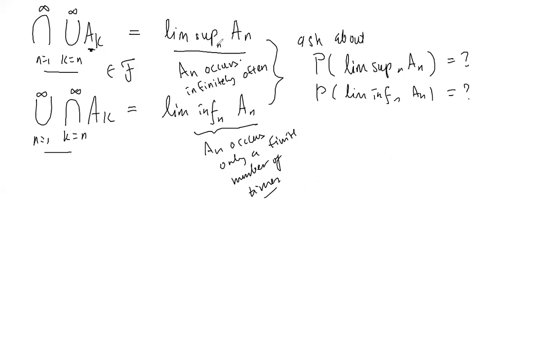At least if you want some kind of exact enumeration of it, whether you can write it down will depend on what your Ak is. But anyway, at this moment we just look at them as a set that belongs in the sigma field, so we can ask questions like this, and we can assign probabilities to it.